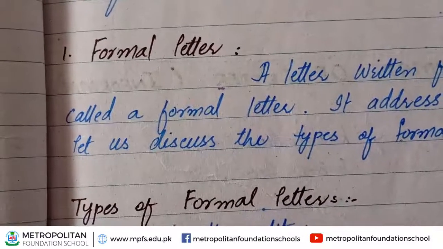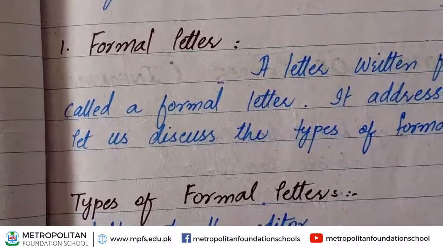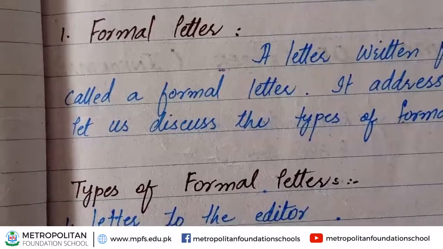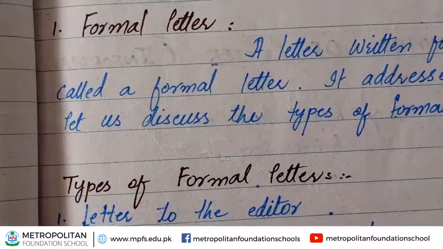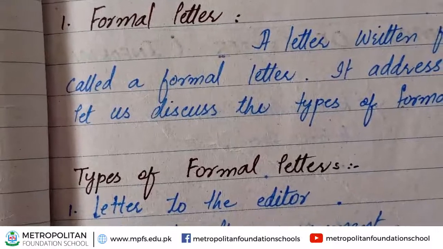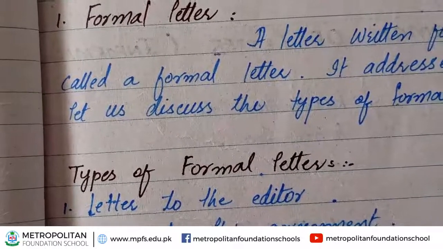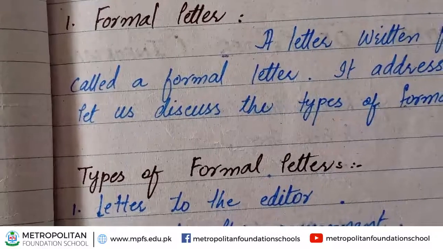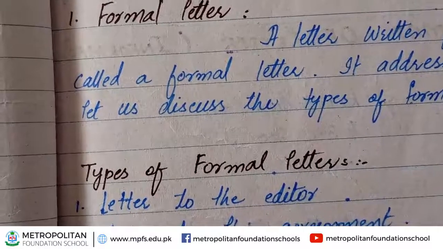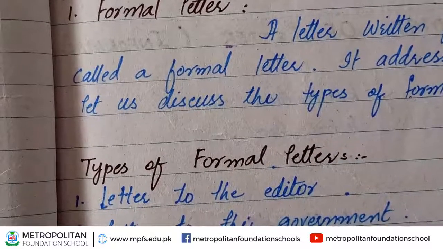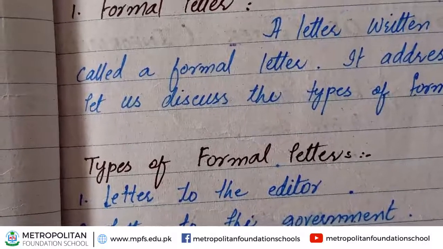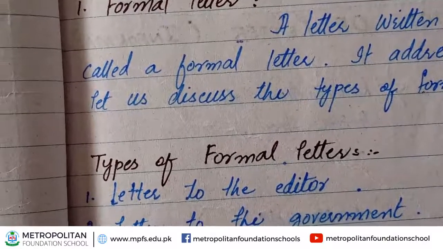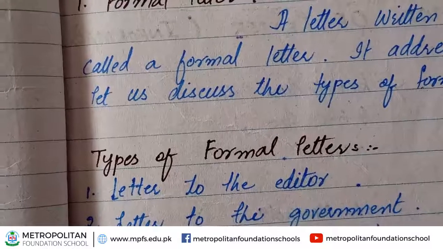So students, in a formal letter we first write the sender's address, as I explained before in the formation of the letter. Now I'm going to explain the pattern. First you have to write the sender's address, including the complete address with postal code.